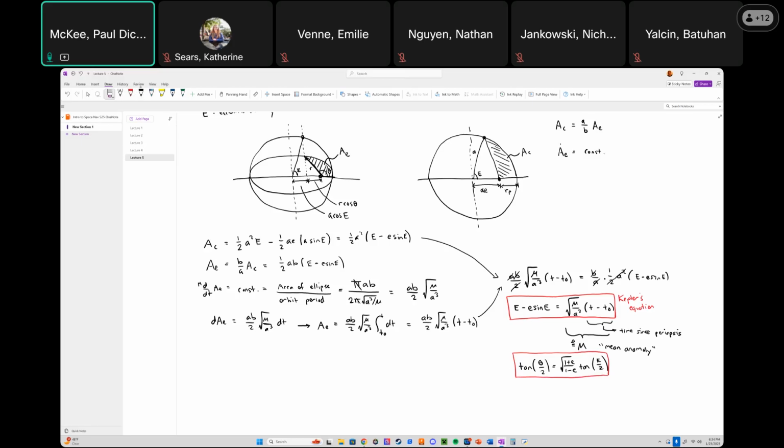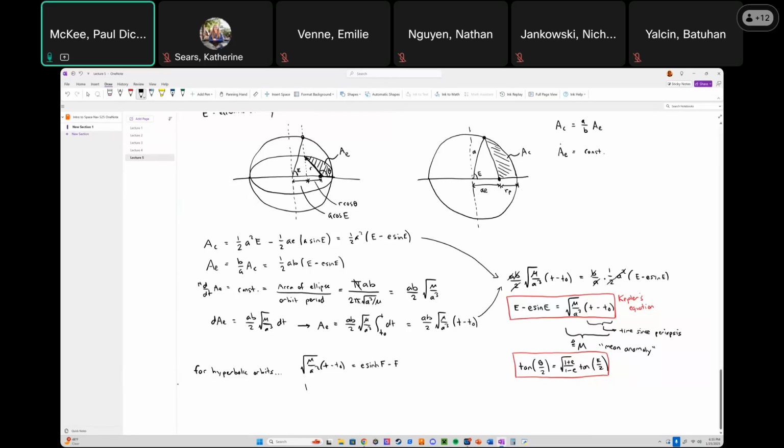Now, also presented without derivation, just in case this is helpful to you, is for hyperbolic orbits. I don't think we'll need it in this class, but just in case, the equations look a little bit different. This is mu over a cubed times t minus t naught, which is still time since periapsis, is equal to e sinh F minus F, where F is kind of the equivalent of eccentric anomaly in this case.